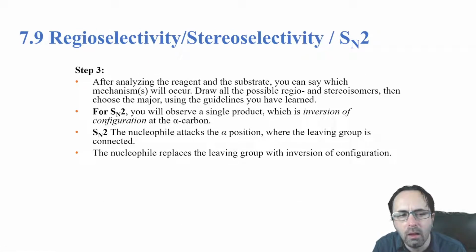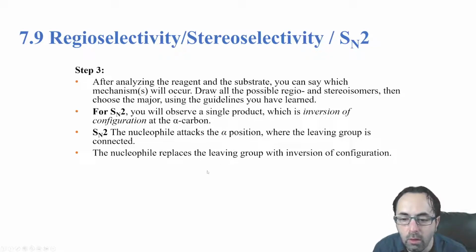Finally, after you've analyzed the reagent and the substrate, you can determine which mechanisms are most likely. So you draw the possible regio and stereochemical isomers, and then for SN2, you'll observe a single product which will involve the inversion of the stereochemistry at the alpha carbon, because the SN2 nucleophile attacks the alpha position from the backside where the leaving group is, and then the leaving group leaves.